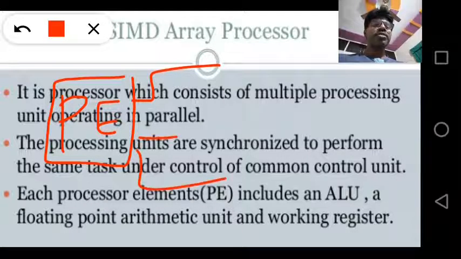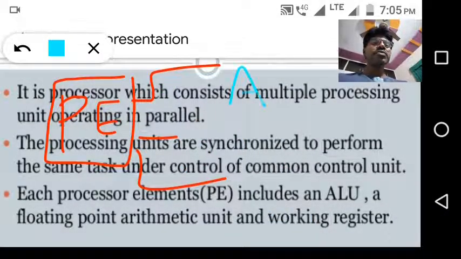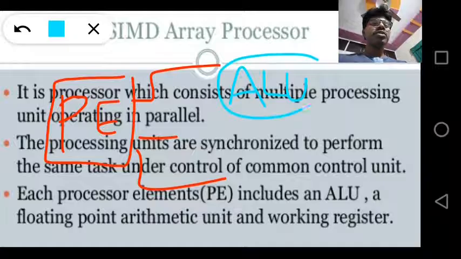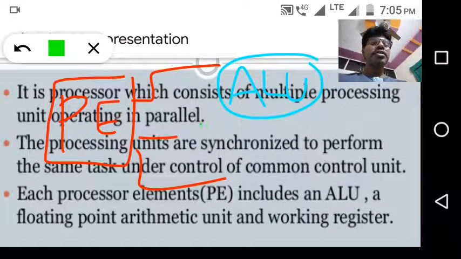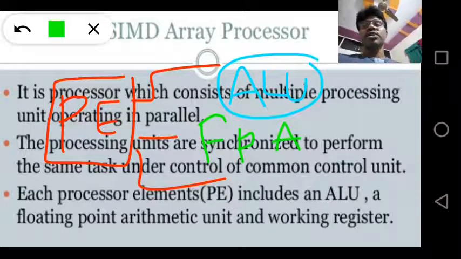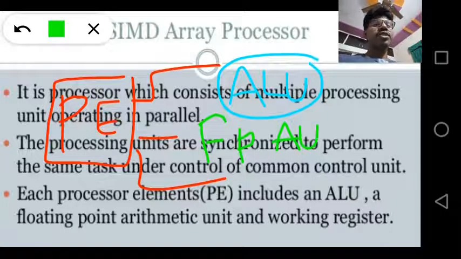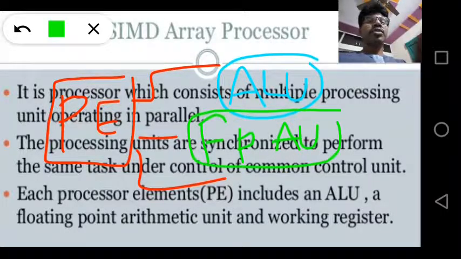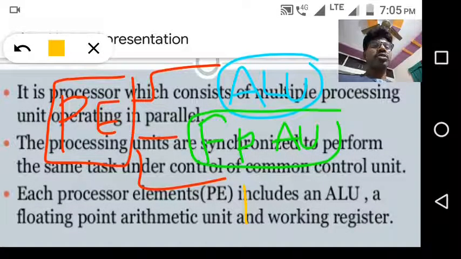three components. One is ALU, which stands for arithmetic and logical unit. Next, floating point arithmetic unit, and of course some registers.